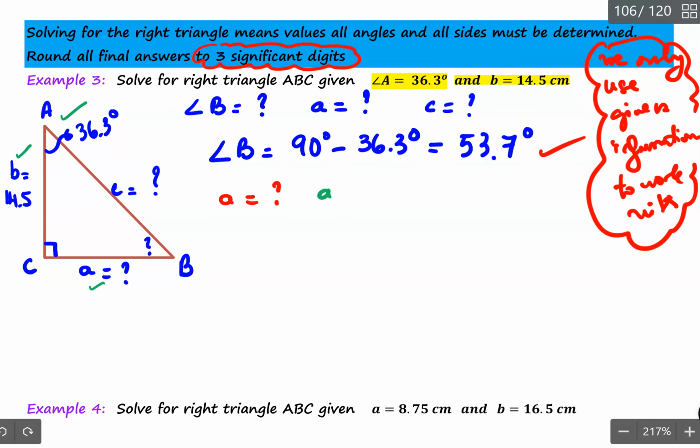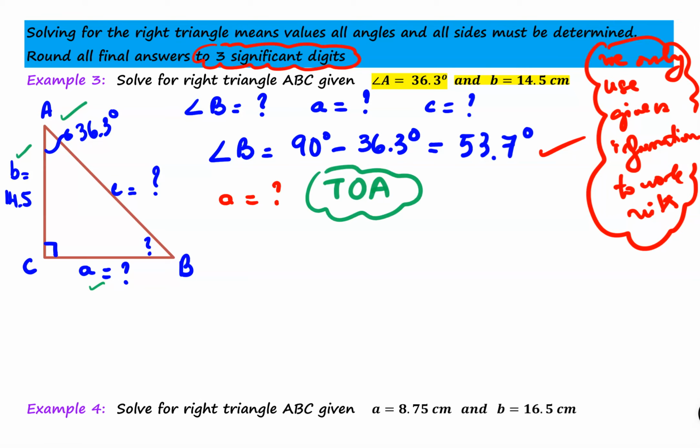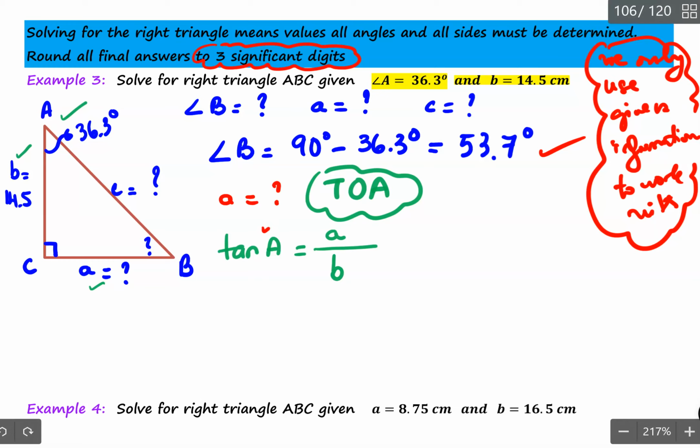So I will write tangent of angle A will be equal to the opposite, which is a, divided by the adjacent to A, which is b. And this information is given to me. So let's write it down. I got tangent of 36.3 degrees equal to a divided by b, given to me as 14.5.